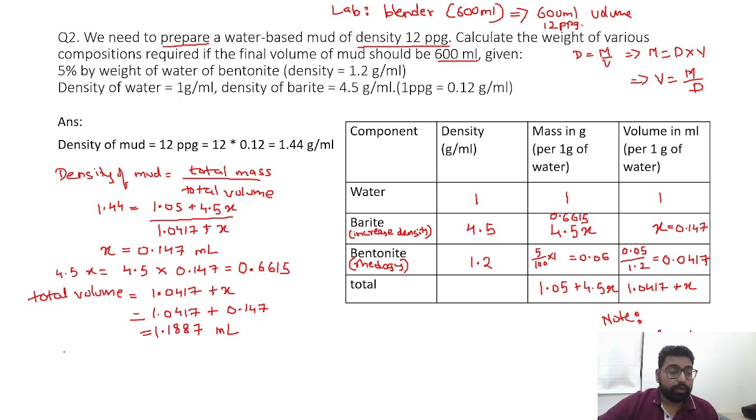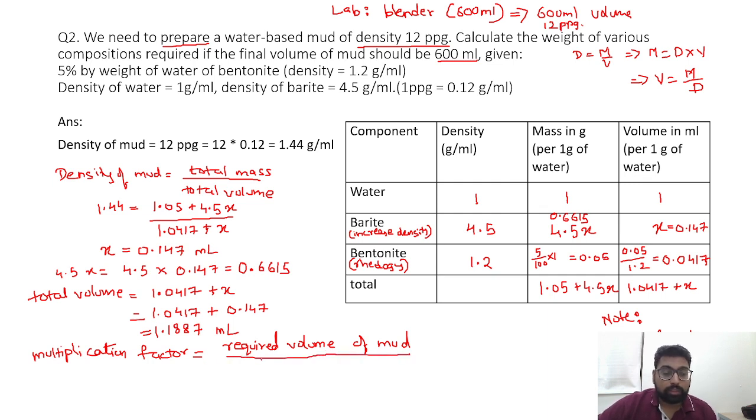So now we are going to calculate a new term called the multiplication factor. What is a multiplication factor? It is the required volume of mud upon the total volume that we get.